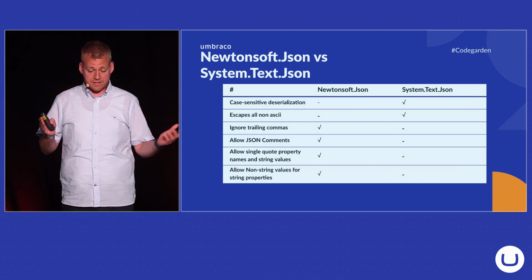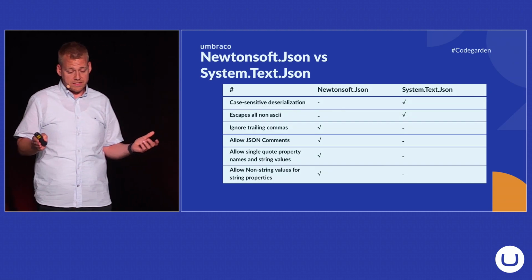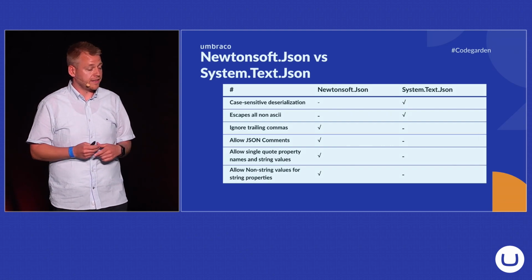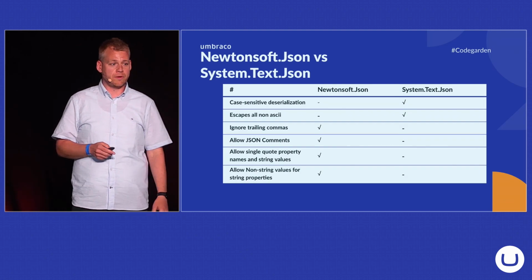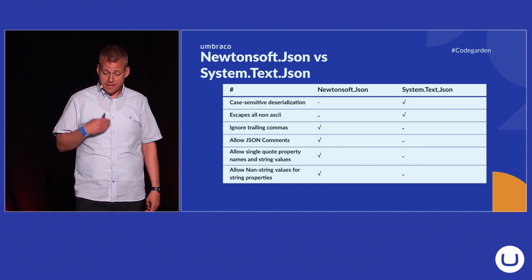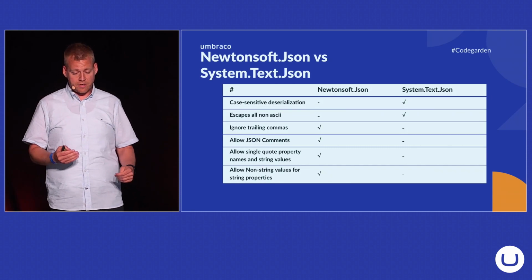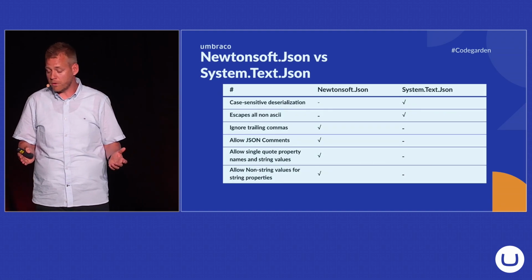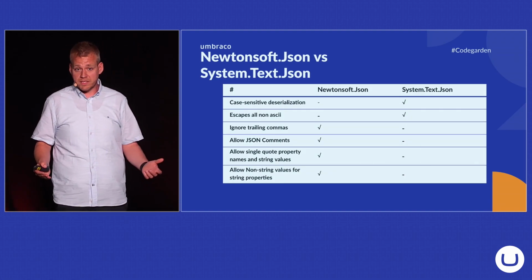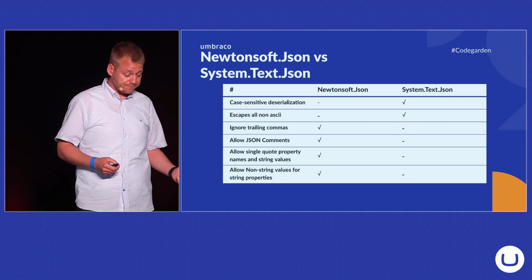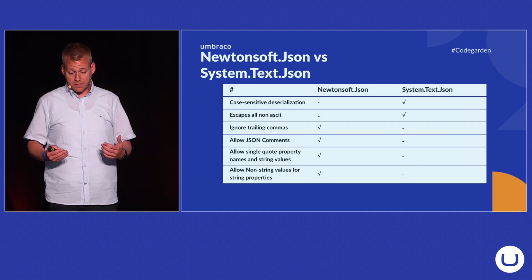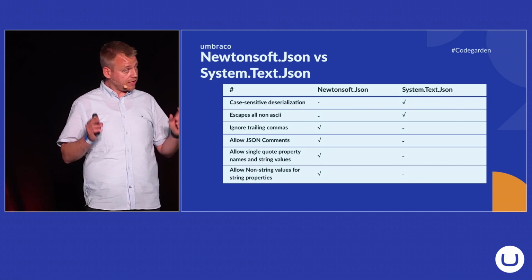The first thing is System.Text.Json is case sensitive. You need to respect the casing, otherwise it won't serialize and deserialize correctly. There are also a lot of things that are not part of the original RFC of JSON that are not possible out of the box anymore, like trailing commas and JSON comments. Furthermore, there are some extreme cases that are not possible, like single quote strings.